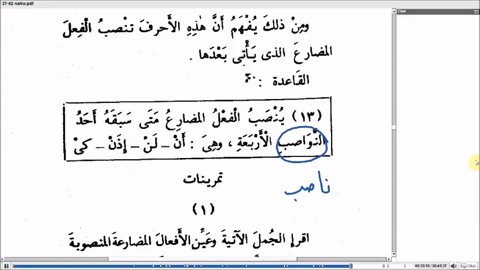If they appear before the fi'l mudari, then they're going to make it mansoob. If the an is a connector between two verbs, lan is a negator of the future. Lan adhab, I'm not going. Lan adrus, I won't study. Right?